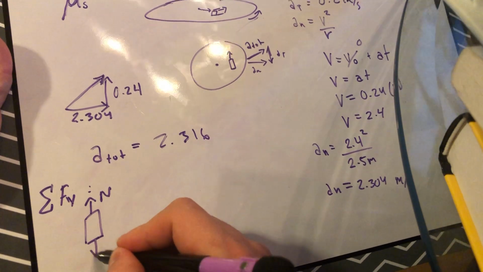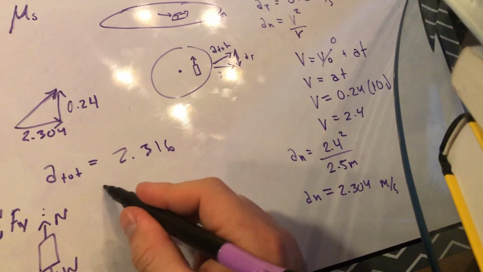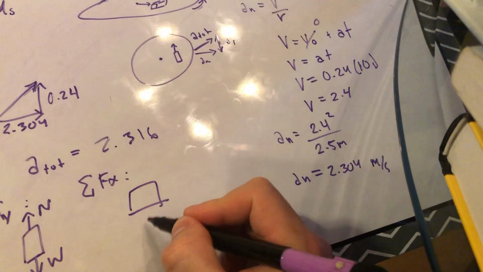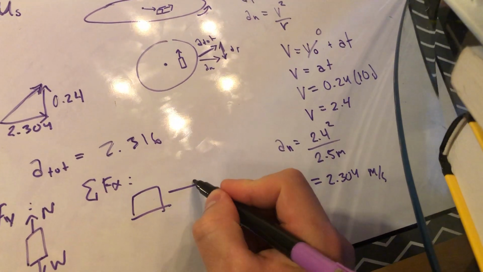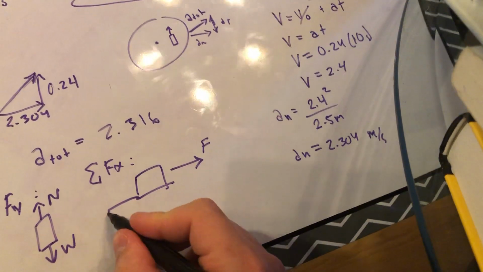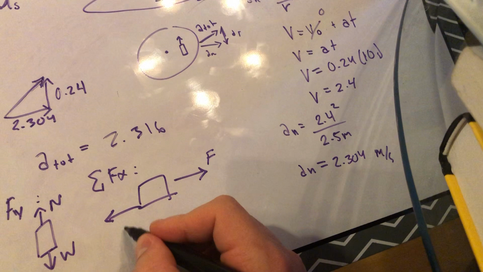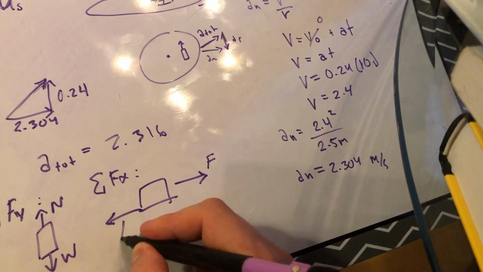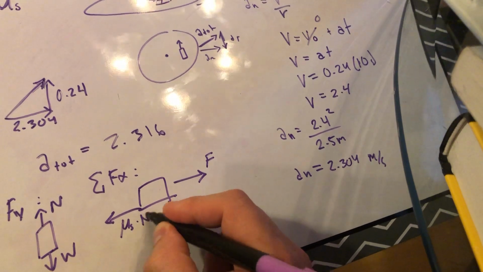We have the normal force and we have the weight. The sum of the forces in the x direction is force F here, and here we're going to have friction force. Friction force is the coefficient of static friction times the normal force.